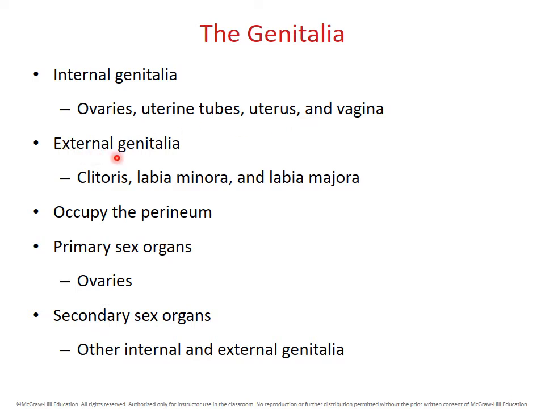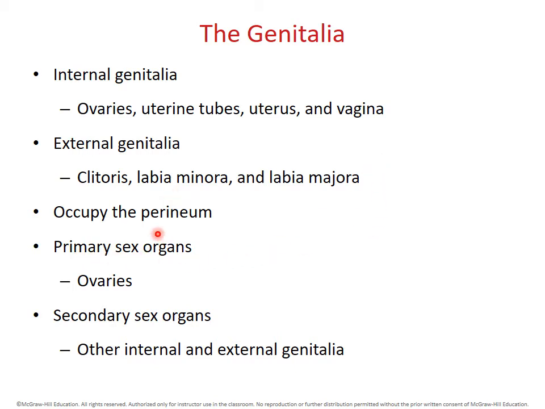The external genitalia, of course, can be seen from the outside, and they include the clitoris, which is analogous to the male penis and has lots of sensory neurons in it, and folds of tissue that enclose the various orifices associated with this part of the body, the labia majora and the labia minora.